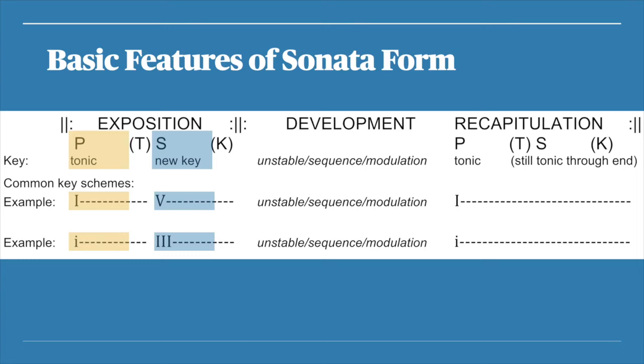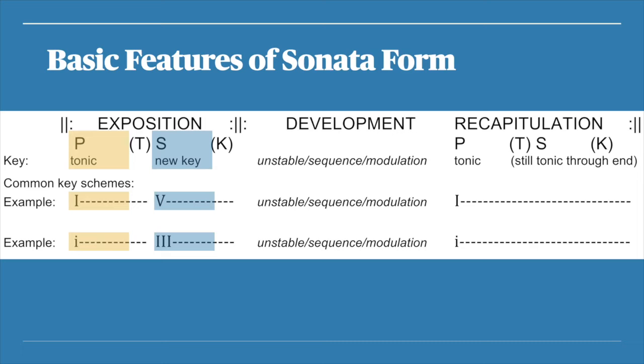The thing keeping them together is that they'll have similar character in terms of melodic style, but also the harmonic area will cohere for each of those theme groups. Anything in the primary theme group being in tonic, and then anything in the secondary theme group being in a contrasting key, such as the dominant or relative major.